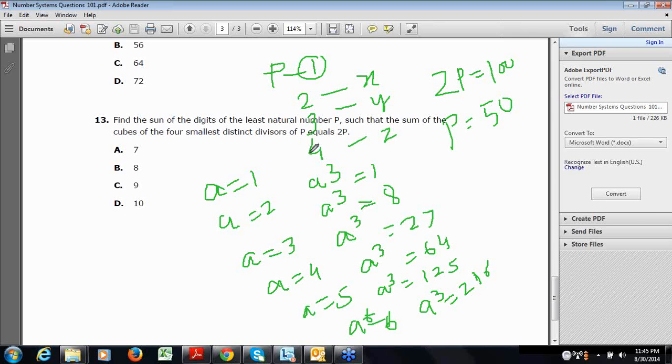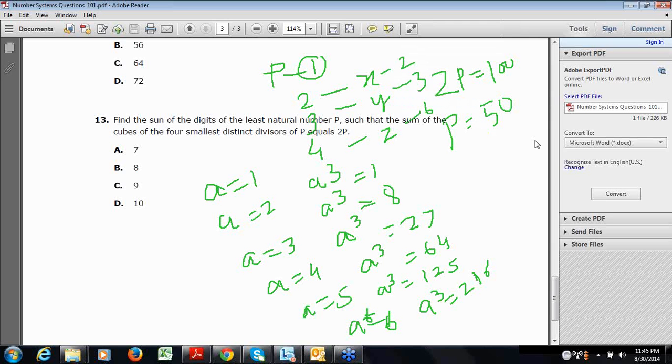So 1, 2, 3, 4 should be divisors of p. But 3 is not a divisor of 50. Now consider x, y, z as 2, 3 and 6.